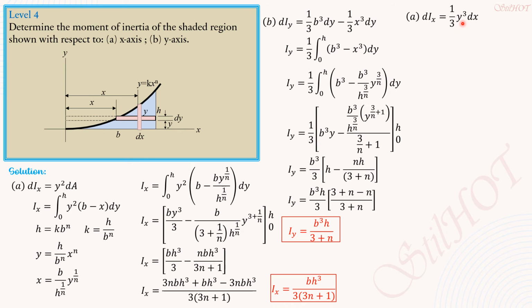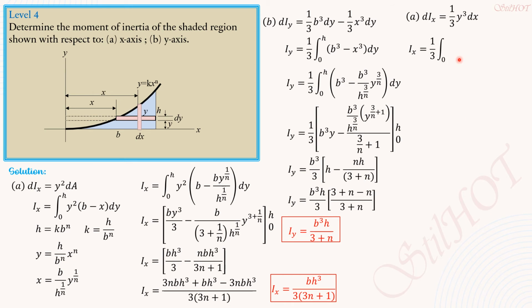So the variable here is x this time. So we express y in terms of x, and this is the value of y. If we cube it, then h cubed over b to the 3n, then x to the 3n.